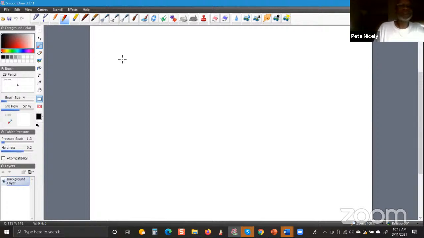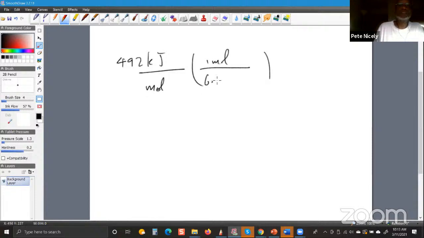We start off with 492 kilojoules of energy per mole. We know that 1 mole is equal to 6.02 times 10 to the 23 atoms. So we're talking about atoms here, 1 mole of atoms here and 1 mole of atoms here.